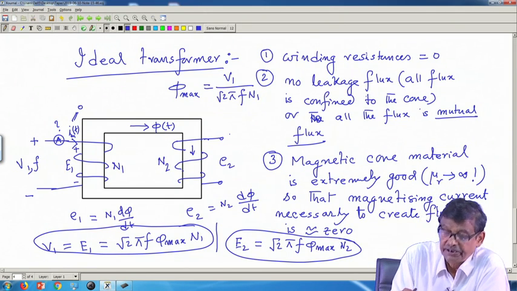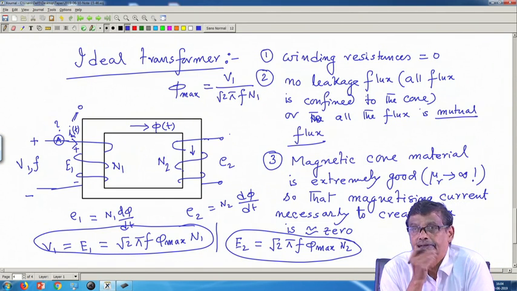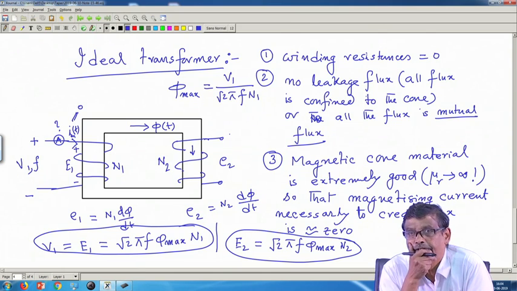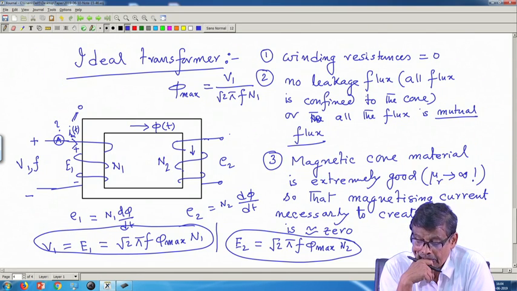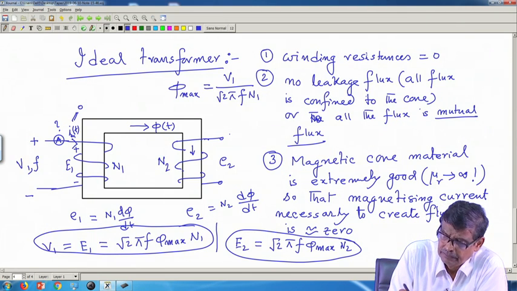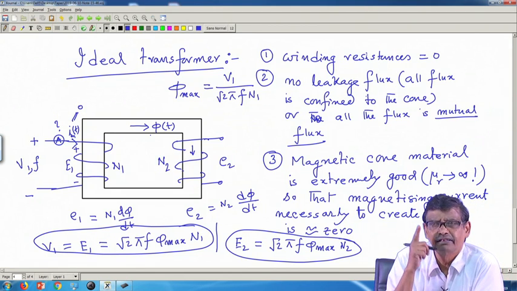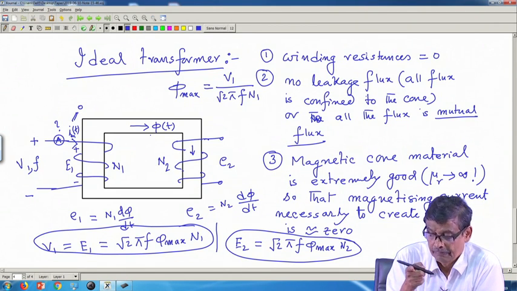The polarity of the induced voltage will be such that it will try to oppose the very cause for which it is due. I am repeating the same statement. Means what? About this flux, the flux is positive and it is increasing.